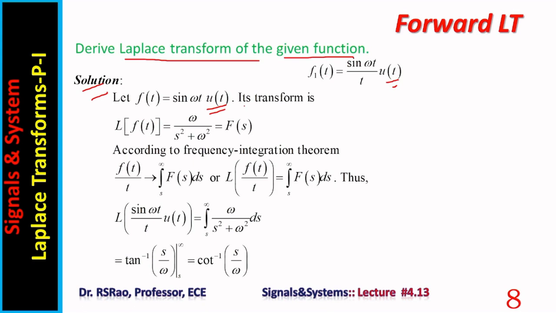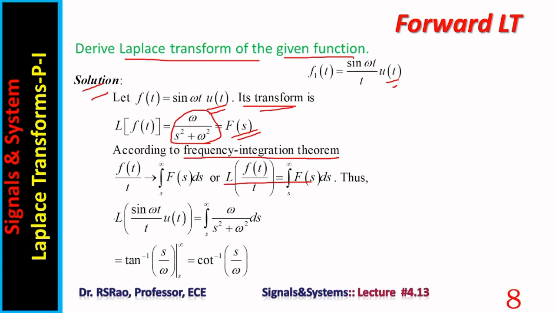The transform of f of t, let us designate it as F of s, is equal to omega by s square plus omega square. This is a standard result. Now, according to the frequency integration theorem, the Laplace transform of f of t by t is the integral from s to infinity of F of s ds.